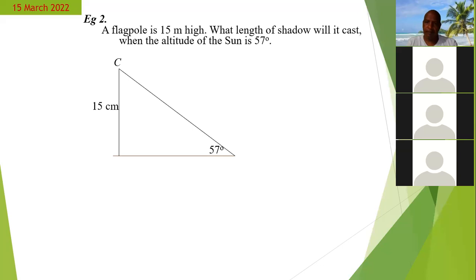Sir, that was the problem I had, like where to put the angle. Okay, all right. Because we don't really have, in this case, a person standing up and looking, we're just saying that the shadow would be on the horizontal of the ground. All right. Because when a shadow is cast, it is cast on the ground. So we would take the horizontal to be the ground level.